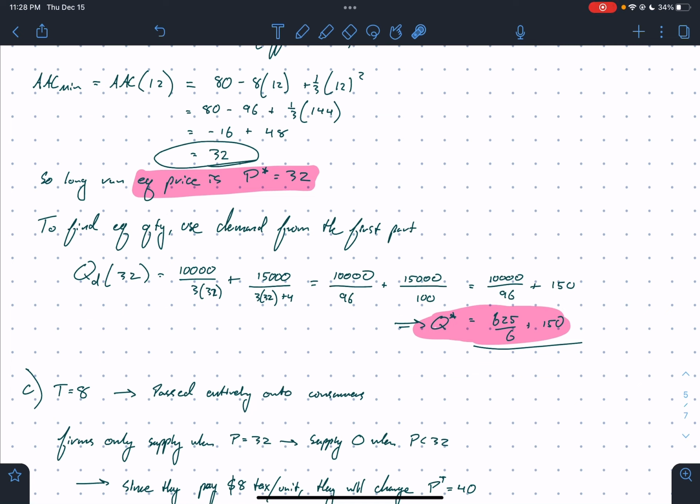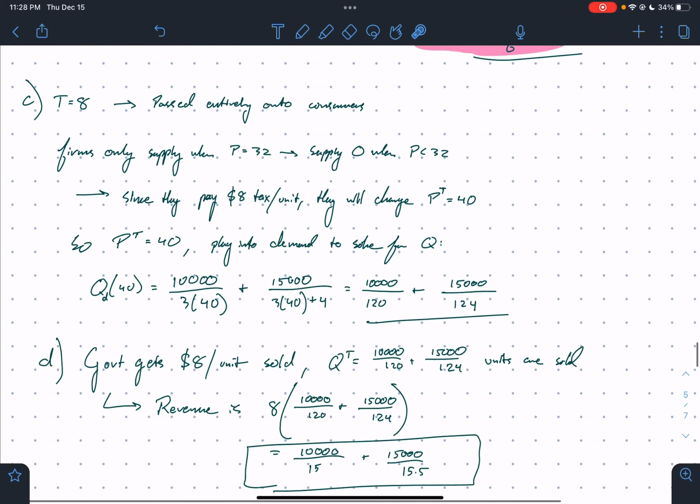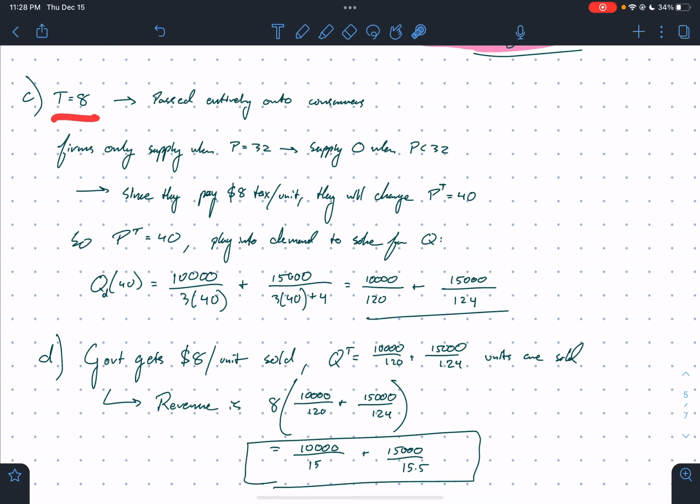All right, now we're going to compare this to what happens when we implement a tax. In the third part, we assume there's a tax. Here, firms will only supply when the price they receive is 32. They'll supply nothing when price is less than 32.